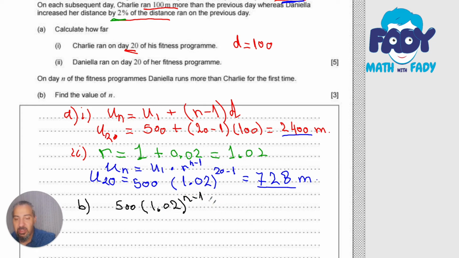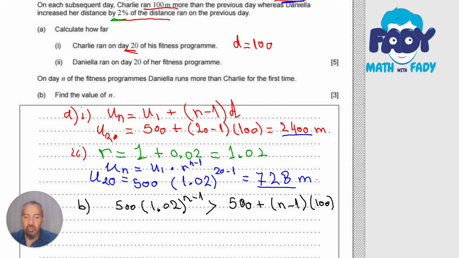This must be more than how many meters Charlie runs. So 500 plus n minus 1 multiplied by d, which is 100. We need now to solve this inequality.